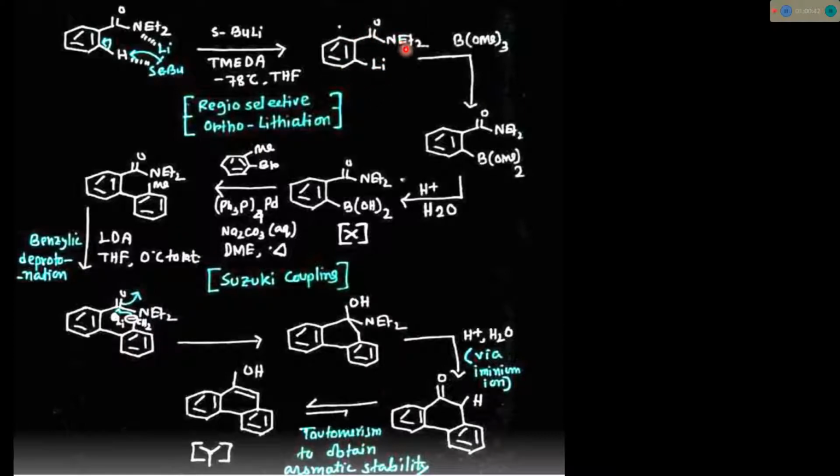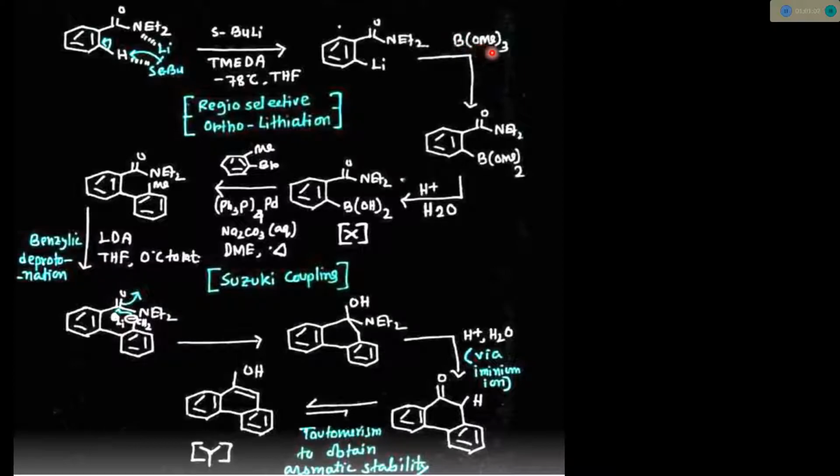If there is a group which can complex with the lithium ion, particularly nitrogen and oxygen, COOMe or CONR2, then we will get the ortholithiated product. Now there is a negative charge, so the ortho hydrogen is abstracted by the base.